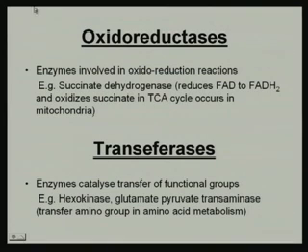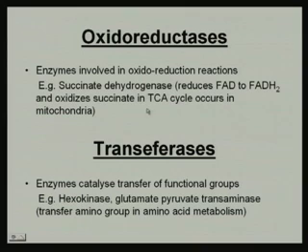Now, let us come to that. When we are talking about the oxidoreductase group of enzyme, the name itself indicates that different types of oxidation reduction reactions are carried out by this particular enzyme. Most of the intracellular enzymes belong to this oxidoreductase group. An example is succinate dehydrogenase, which reduces FAD to FADH2 and oxidizes succinate in the TCA cycle.